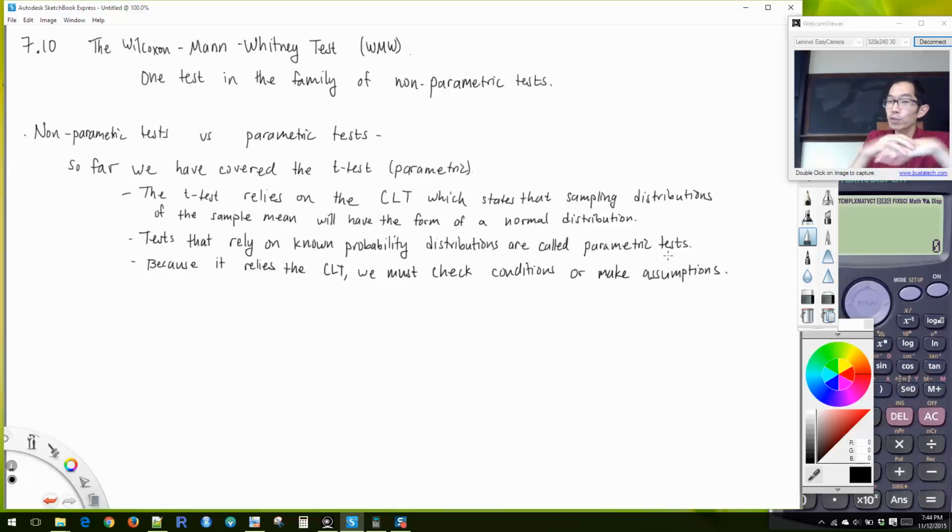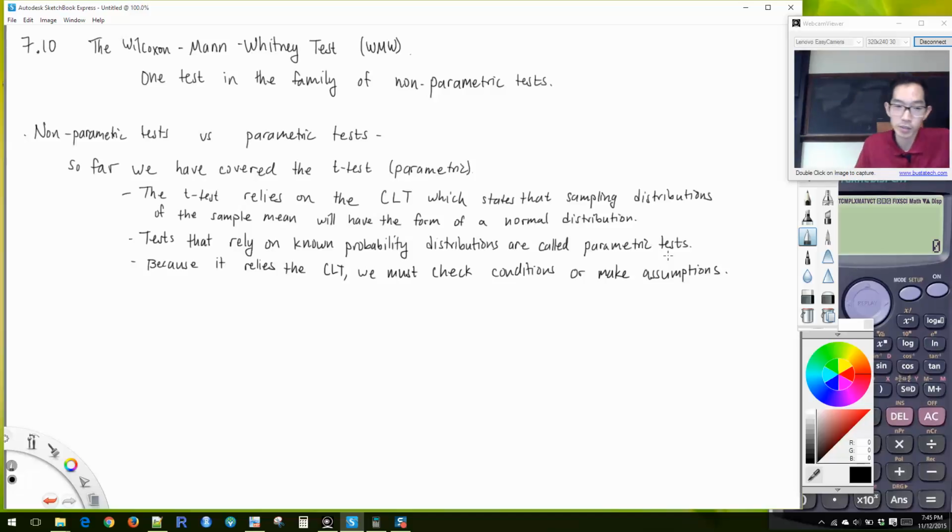So if you don't have a large enough sample and you don't want to make the assumption that the population is normally distributed, what do we do? And so that's where we introduce nonparametric tests. Nonparametric tests don't rely on the central limit theorem or on a known probability distribution.